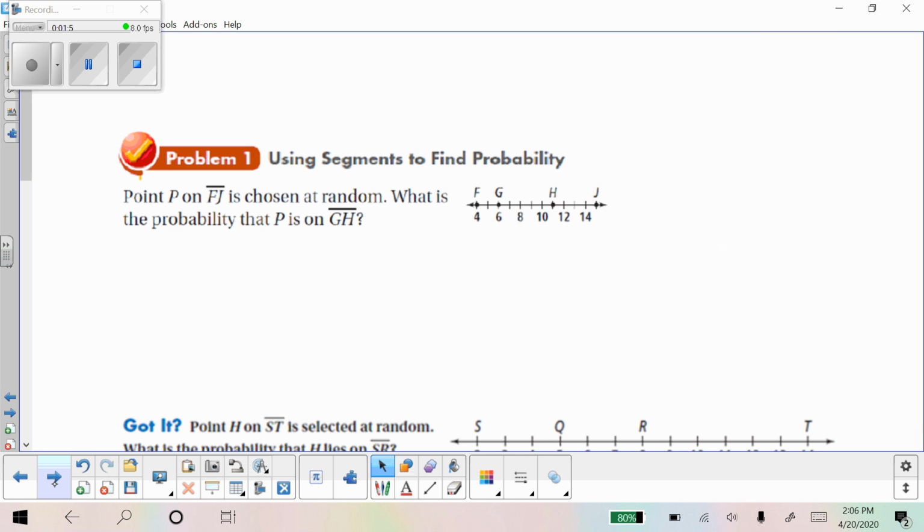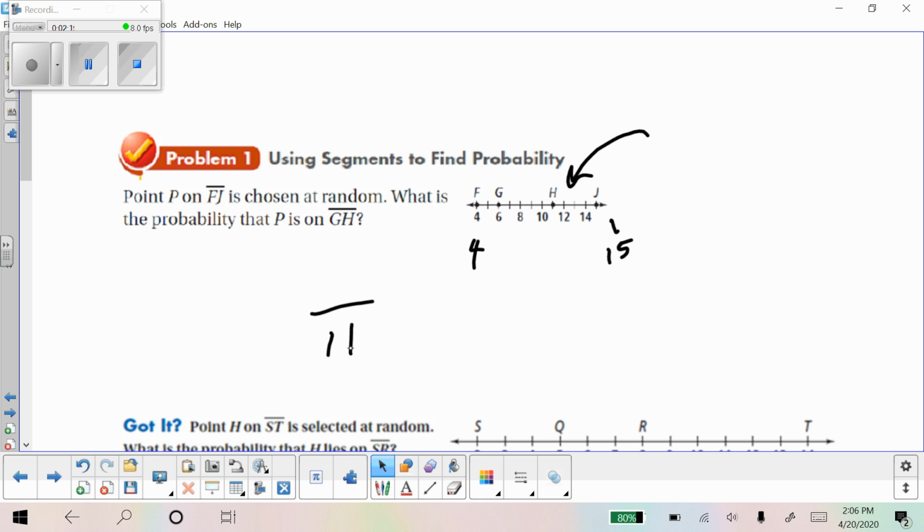All right, so using segments here, point P on FJ, so point P is just any point somewhere on this whole number line. So let's start by writing down the length of FJ, which it looks like it is, J is on 15, and F is on 4. 15 minus 4 is 11.